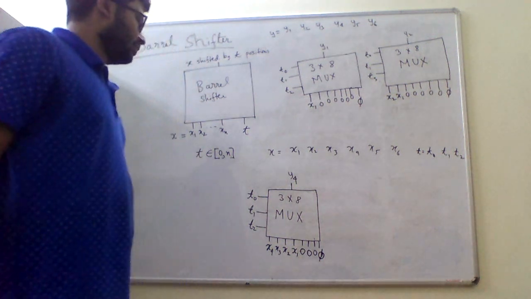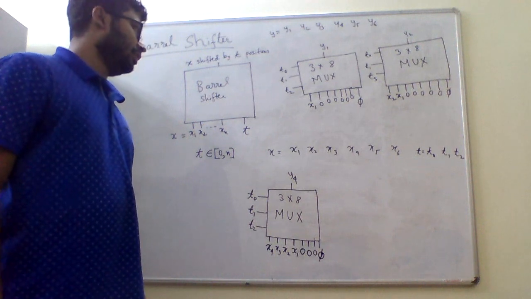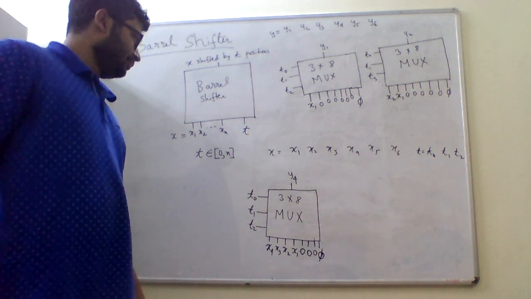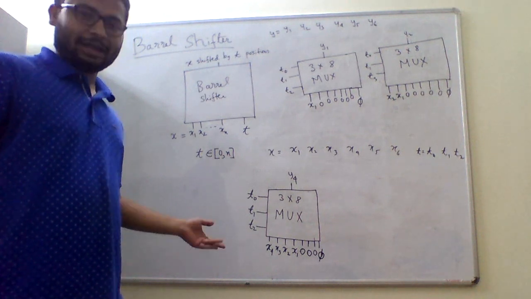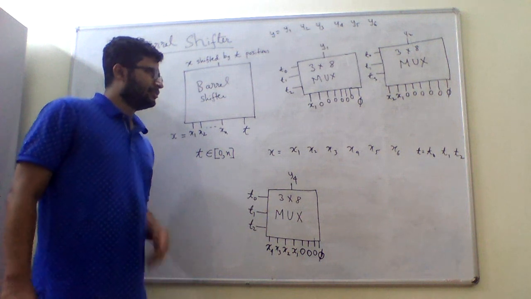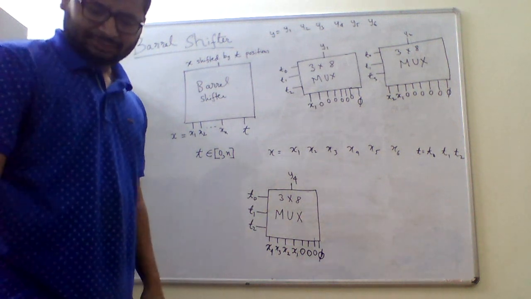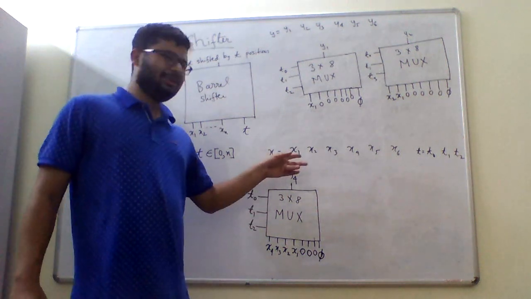And thus, if you put all these muxes together, we will have some circuit for the barrel shifter. So in general, this is for n equal to 6.